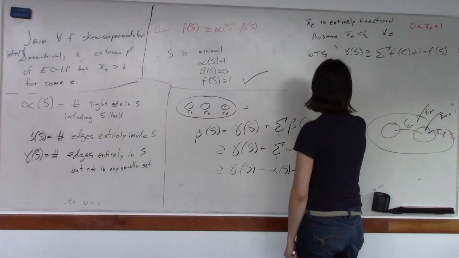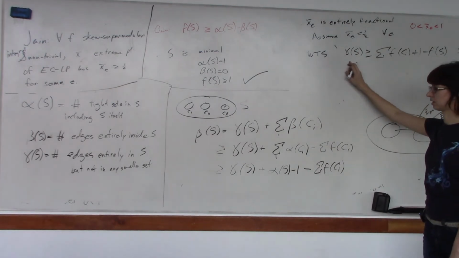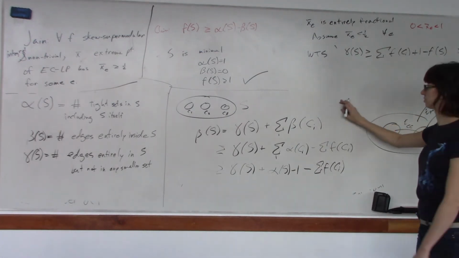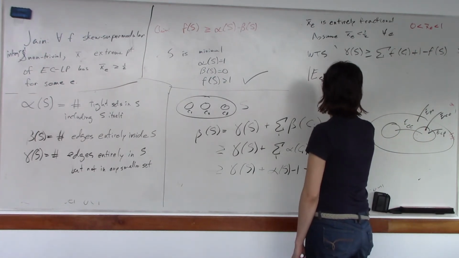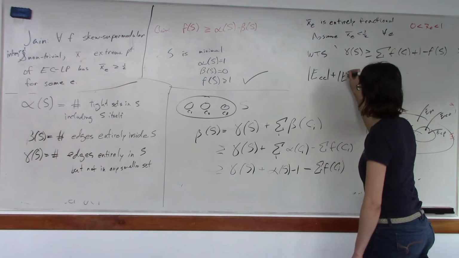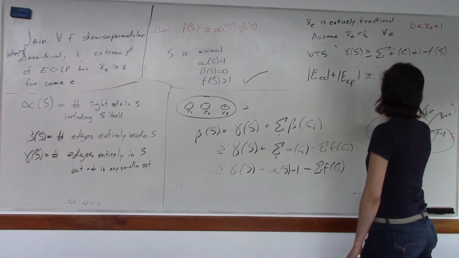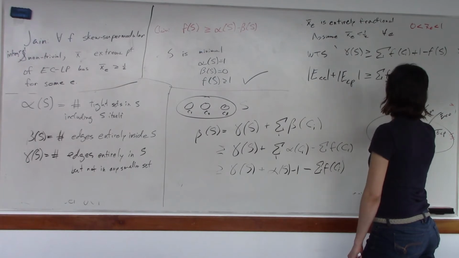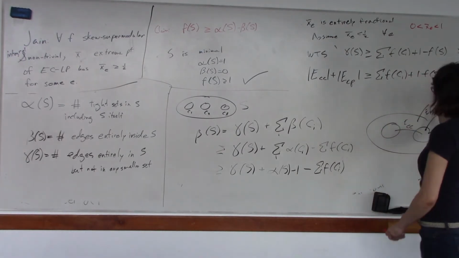So this is all the stuff which is entirely inside S, but not inside any of its children. So this is E of CC plus child to parent edges. And then we get f of Ci plus 1 minus f of S.